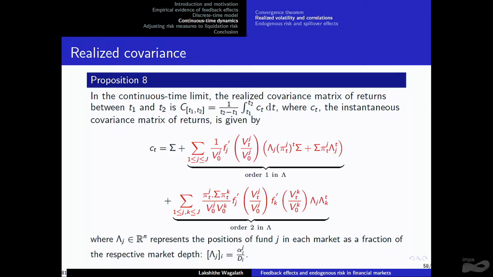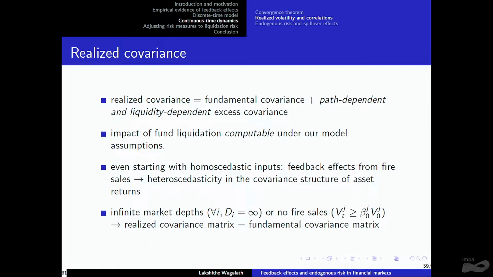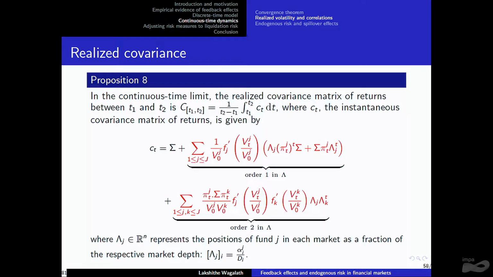What's interesting is when there is rebalancing at a certain rate and the liquidity is not infinite. When f prime is not equal to 0, and lambda is not negligible, not too close to 0, you see that there's an order 1 in lambda and an order 2 in lambda.